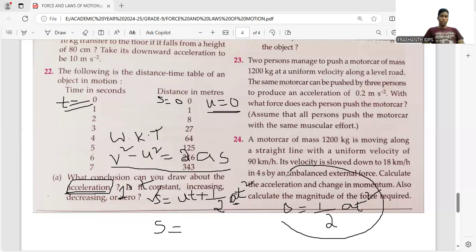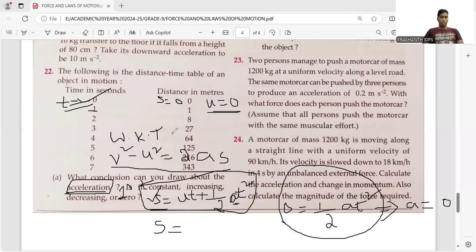Here we are not getting any acceleration because everything becomes zero. You send this 2 to the other side, it becomes 2 into 0, which is 0. Then you send t also, and it also becomes 0. So initially acceleration is 0. In the first step, when you substitute the given values in this formula, you get acceleration 0. Now let us go to the second step.